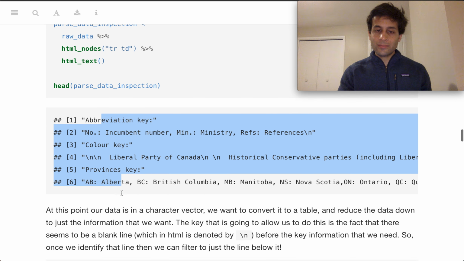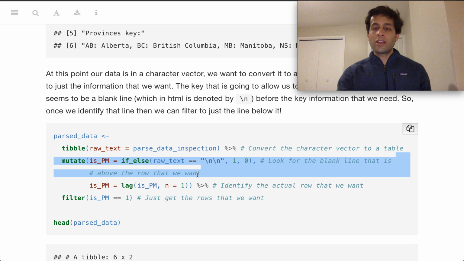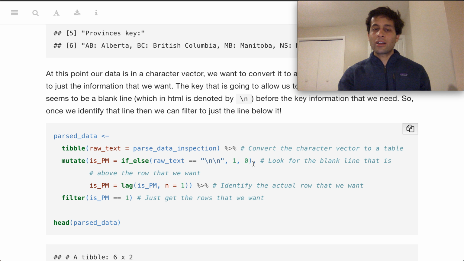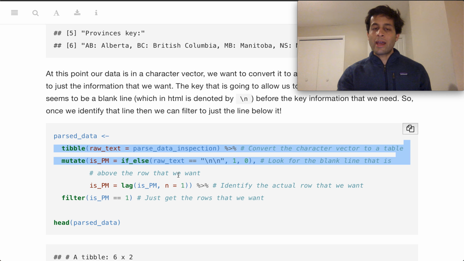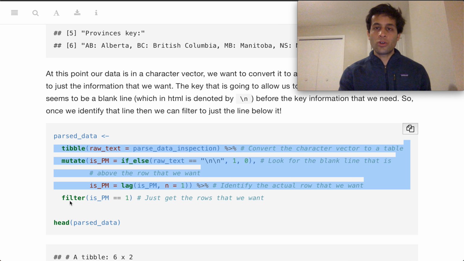It turns out that in this case, the commonality that we can exploit is that every time there is a new Prime Minister, the line immediately above it is blank. So what we're doing in this code is identifying lines that are completely blank, and then looking at the one immediately below it, and that turns out to be the line that has the Prime Minister. And so we are just filtering down to only those rows.